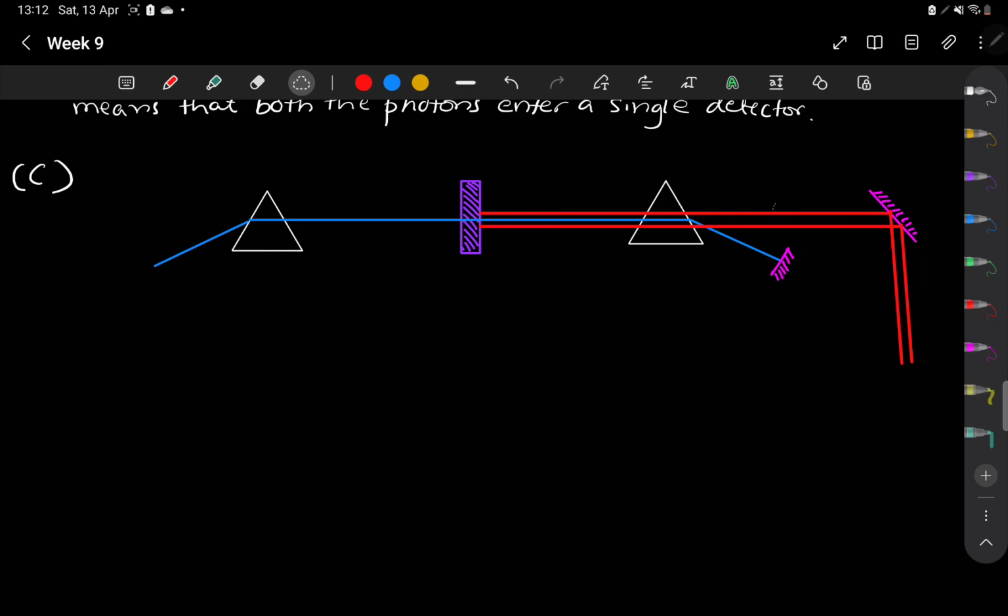Now what other thing is, it can also go in this direction. I'll explain how.